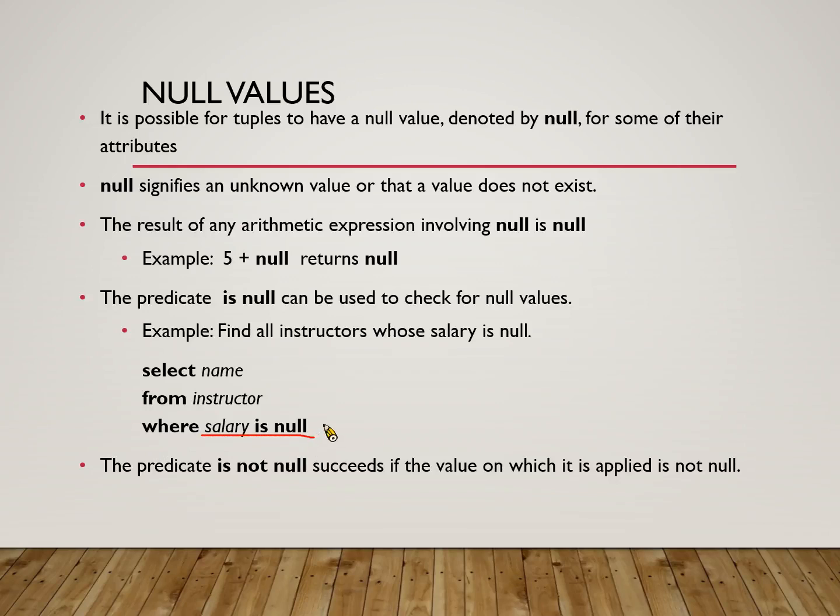Here we indicate the condition as salary is null. We have to notice that we cannot write the clause salary equals null, because null is a special data type, and the predicate is not null succeeds if the value to which it is applied is not null.